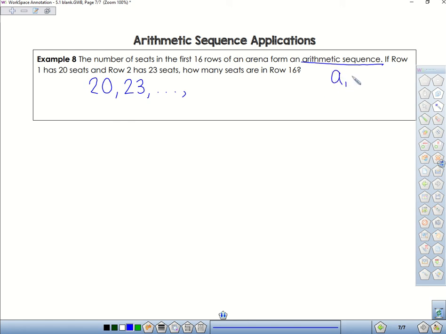So our A1 is what? Well, we just kind of said it, 20. And our D value is what? 3, positive 3. Now that we have that information, we can come up with an explicit formula. A sub n is equal to your A1 plus your D times n minus 1. And now that we have that information, how can we use it to find the number of seats in row 16?